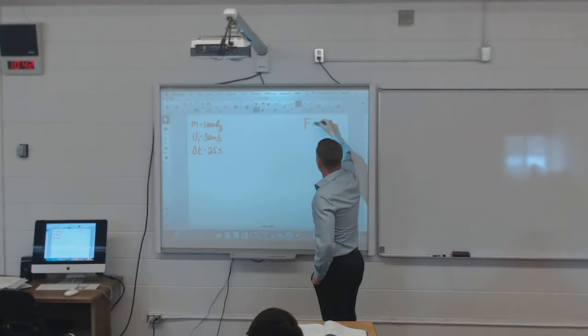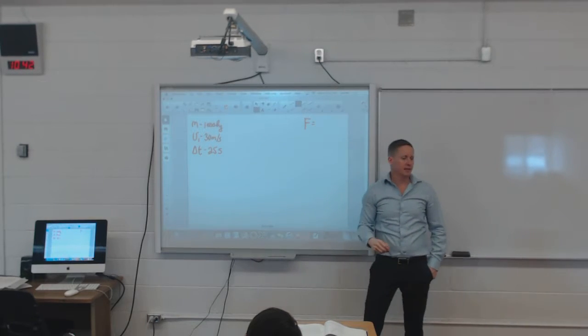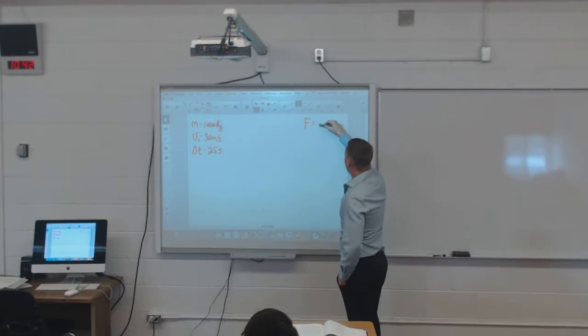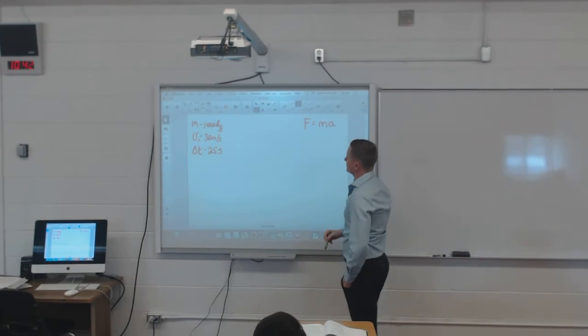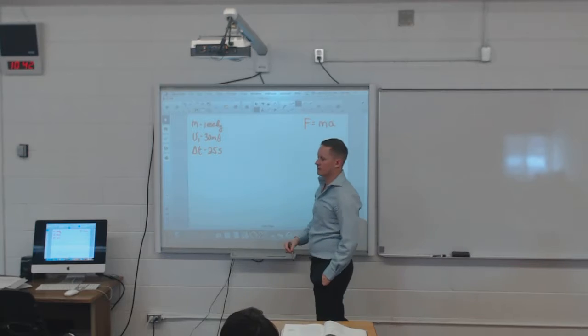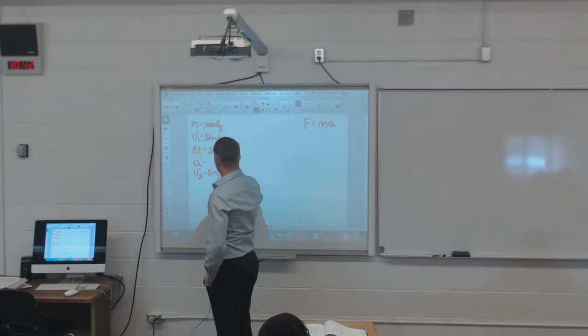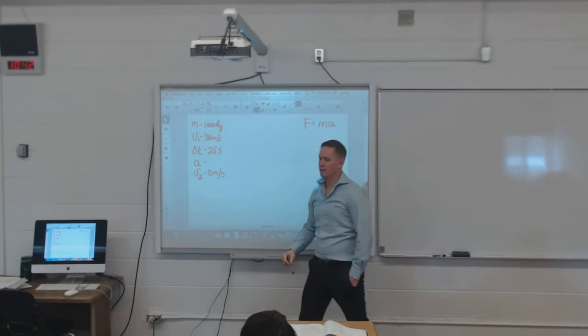All right. First thing I do is write out what force is. What's my net force? Mass times acceleration. So what do I need from this information? I need my acceleration. My V2 is 0 meters per second.